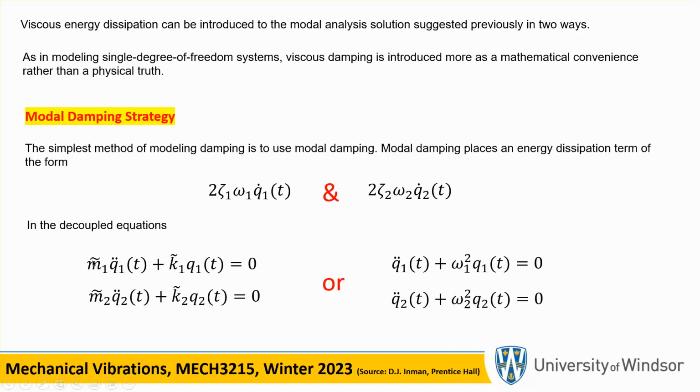There's nothing wrong with it, except that if you divide by m1 and you divide by m2, then of course this coefficient becomes 1, and k1 tilde over m1 tilde is just omega 1 squared. And the same thing for the second one, omega 2 squared. So these 2 equations are identical, except that we have divided by m1 and m2 and used the fact that omega 1, the first natural frequency, is the square root of k1 tilde over m1 tilde.